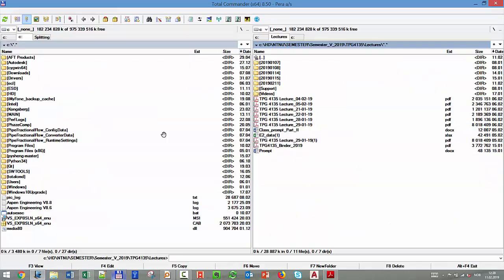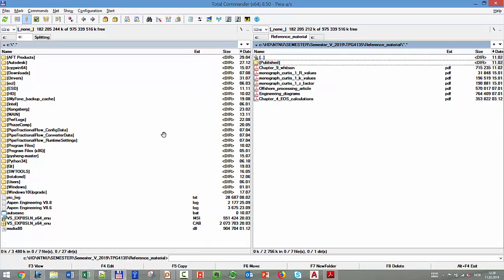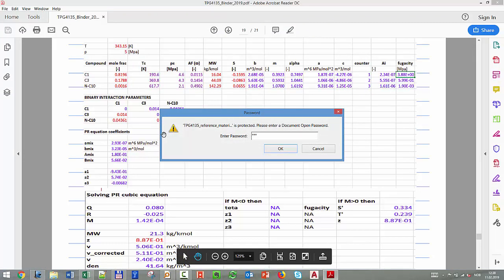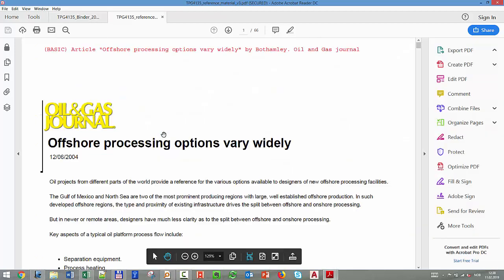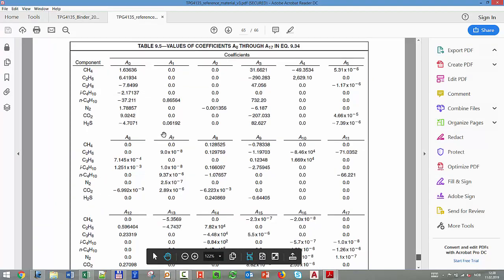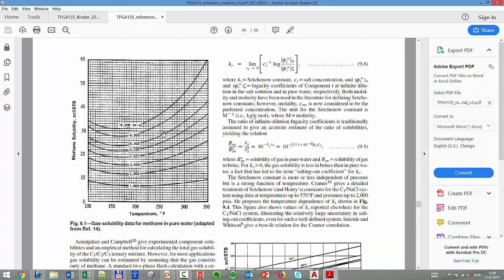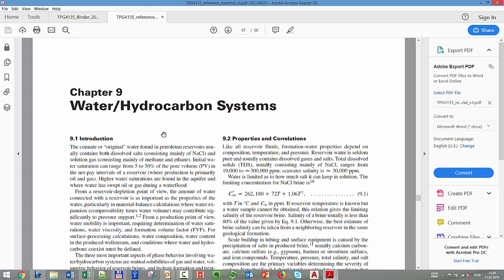If you want, I suggest you look at the reference material I have put here, version 3. You have a lot of versions, but now I have added one more chapter at the end, which is a chapter from the monograph of Professor Whitson. Chapter 9. I suggest you take a look at it, and we are not going to go through the whole chapter. That chapter is about water and hydrocarbon, so there are many things to take into account.